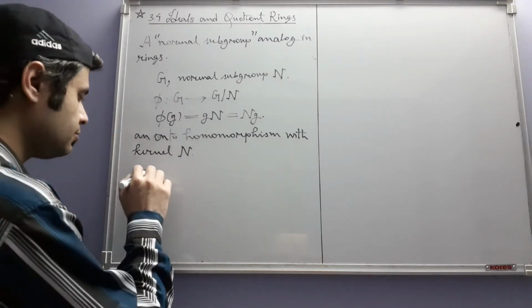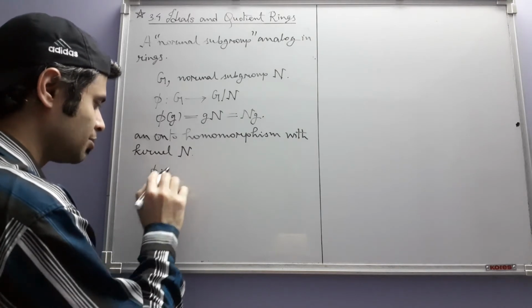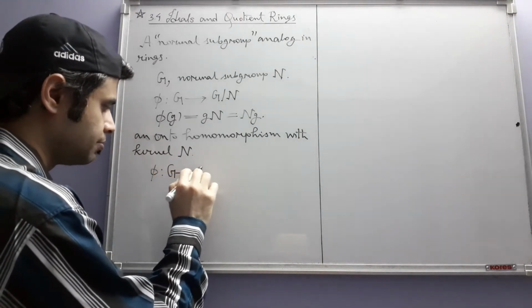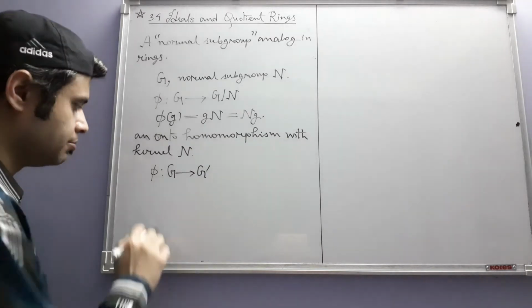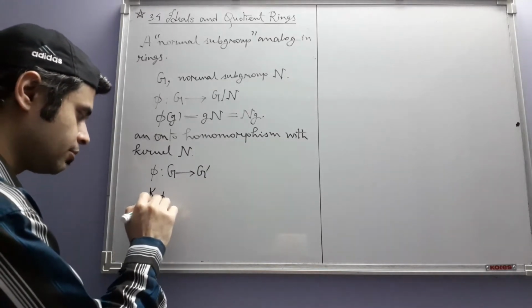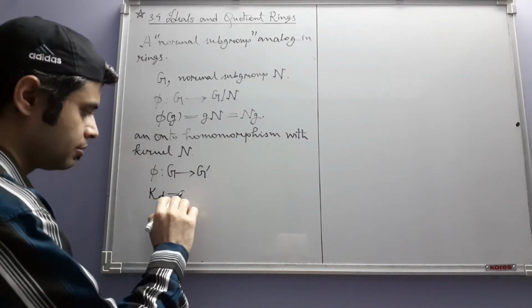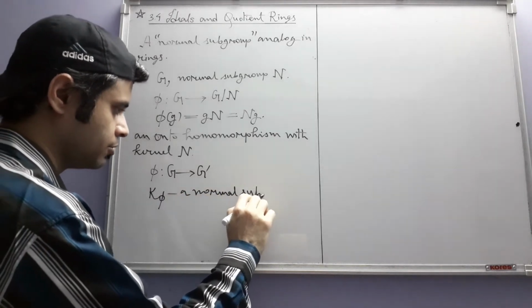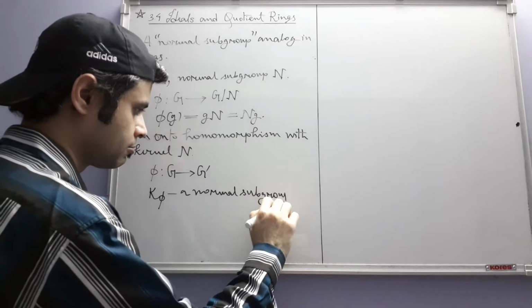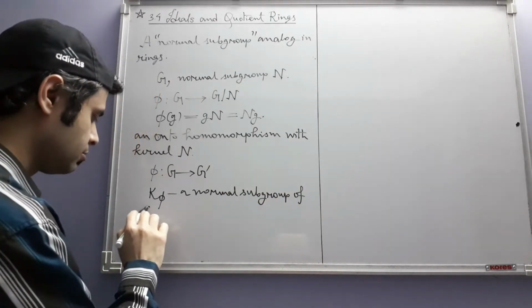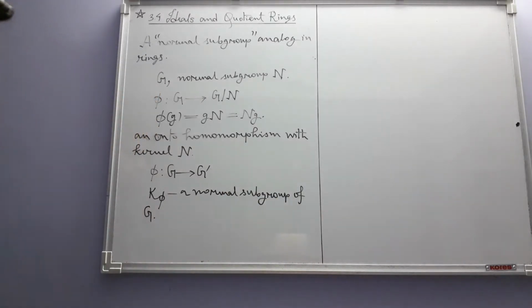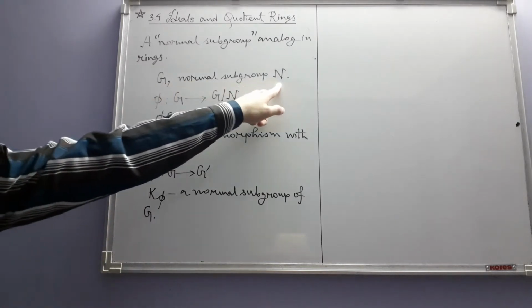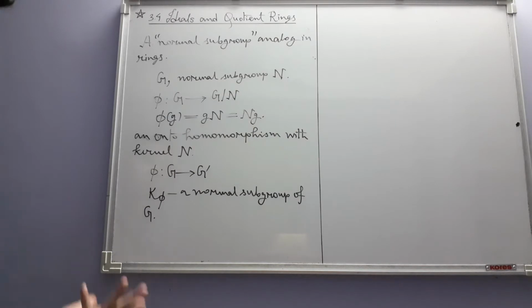Conversely, if I have a homomorphism of one group into some group G prime, then the kernel of that homomorphism is a normal subgroup of the domain group. So like this, in group theory, the concept of normal subgroup turns out to be equivalent to the concept of kernel.